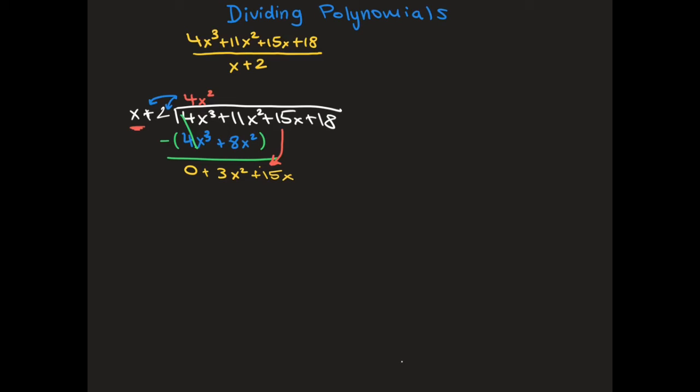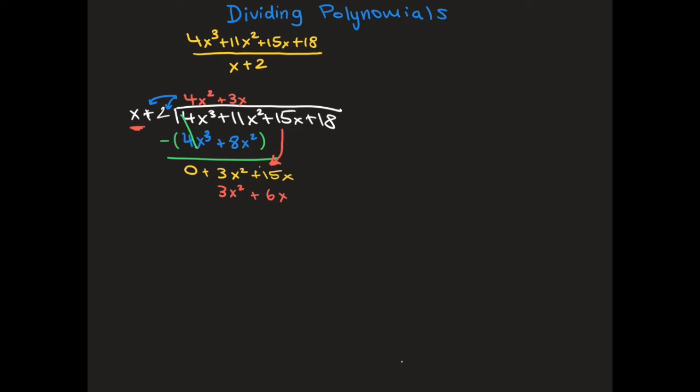So from x, how do you get to 3x squared? 3x times x is 3x squared. So plus 3x. So 3x squared, and 3x times 2 is plus 6x.